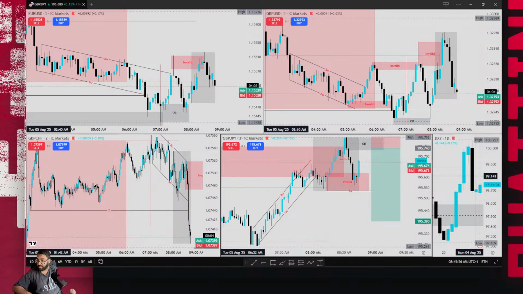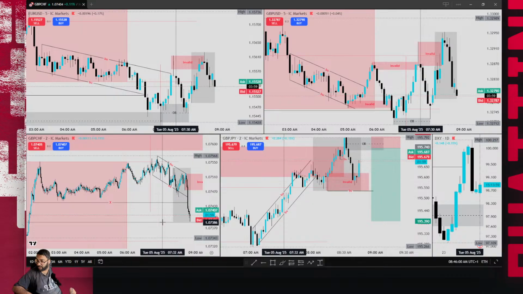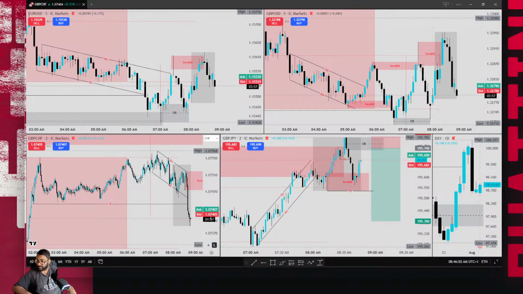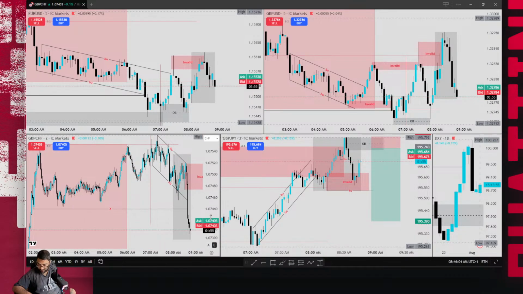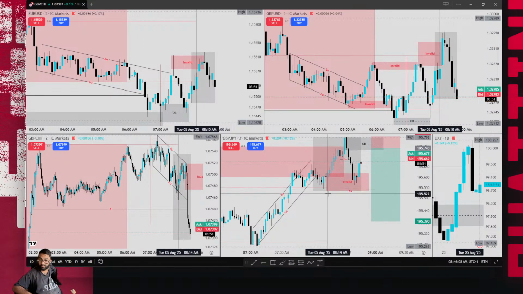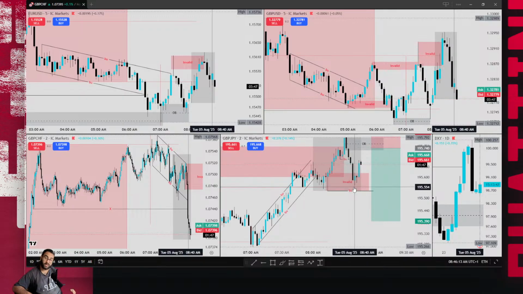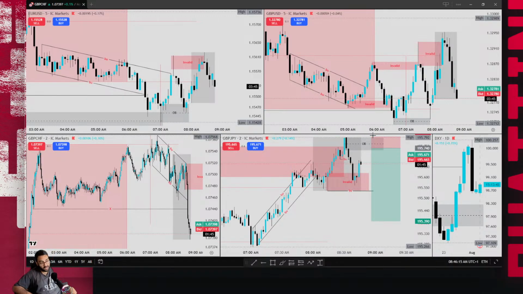Price is already coming up on GJ. GBPCHF is already falling. Not really giving me much. High low, high high, high low, high high, high low. Could be making a higher high.